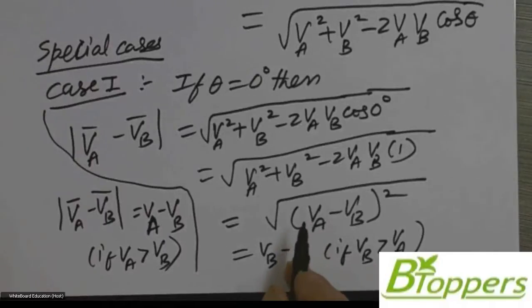That means in general, if two bodies are moving in the same direction, then magnitude of relative velocity of one body with respect to another body will be equal to the ordinary difference in the magnitudes of the velocities of the two bodies.